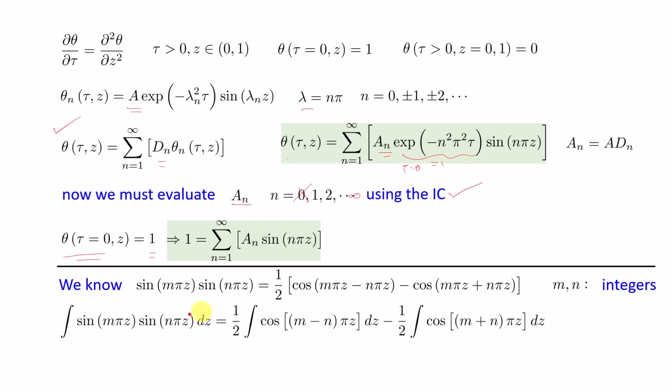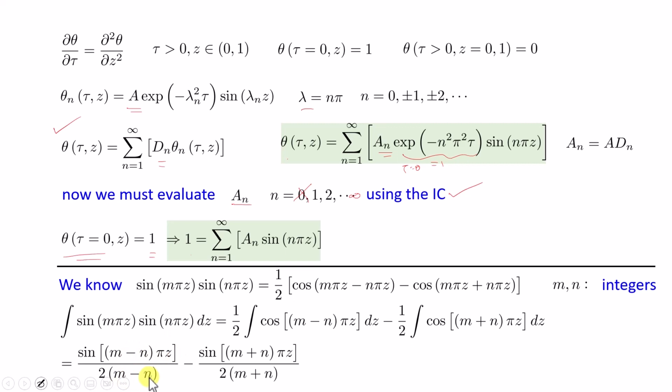Now, if I integrate both sides, I am integrating each of these terms. Cos (m minus n) pi z dz we can integrate very easily. It's not a problem. As I integrate, I see that it is sine (m minus n) pi z divided by (m minus n), then sine (m plus n), etc. This looks nice, but it creates a problem.